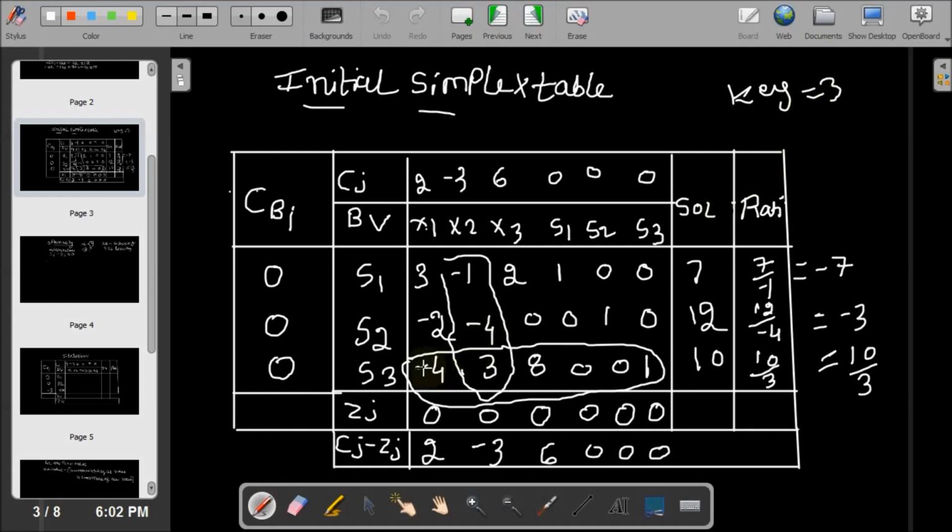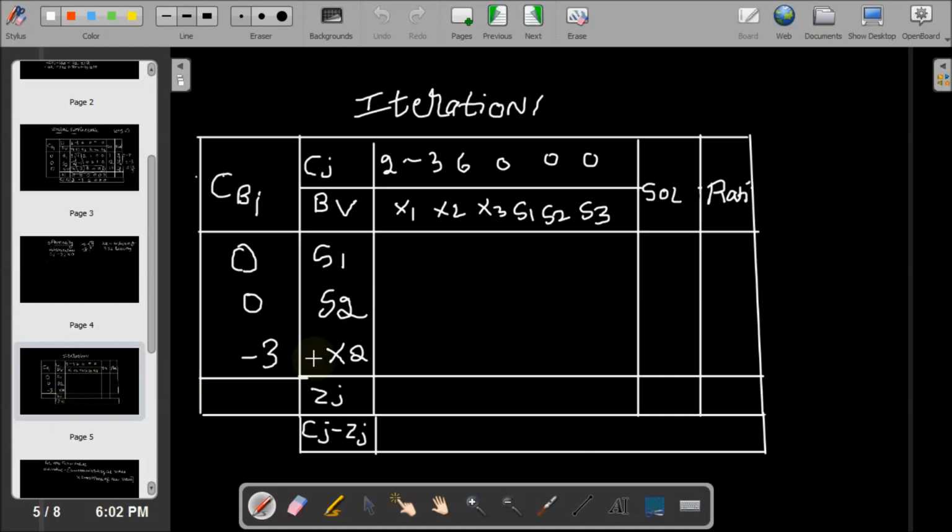Because instead of s3, x2 is entering, you have to divide all the values of s3 with the key element, 3. So first I divide -4 by 3. So the new value is -4 by 3.